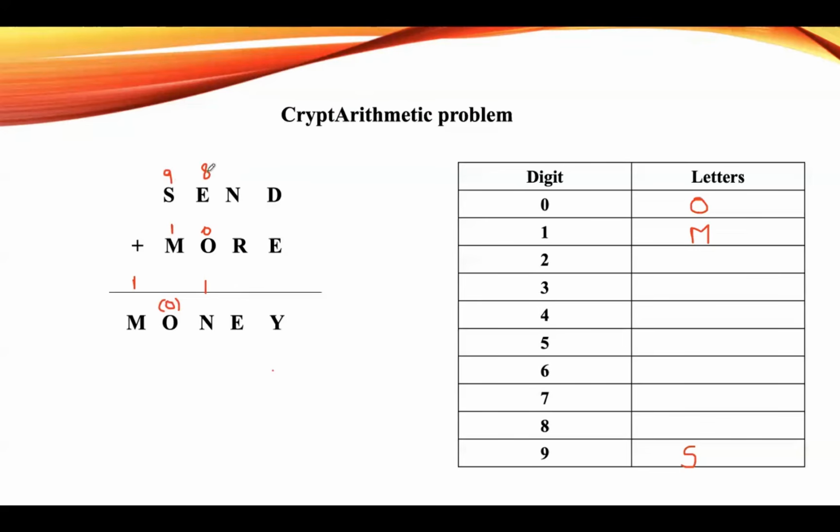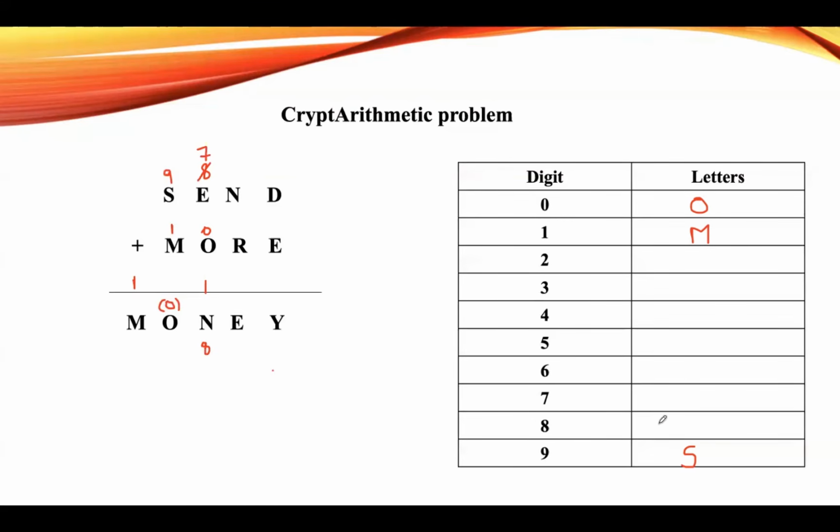So you should not take 8 here for E. Instead of 8, let us take 7. Now check this: 7 plus 0 is 7, so that is not possible. So 7 plus carry. You need a carry here. 7 plus 1 gives you 8.